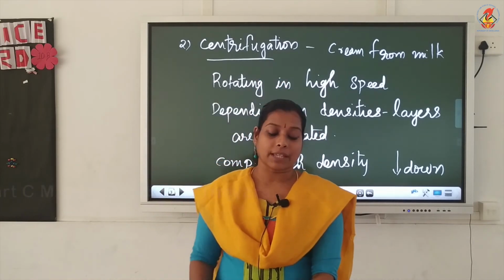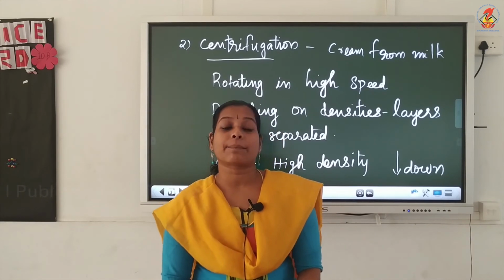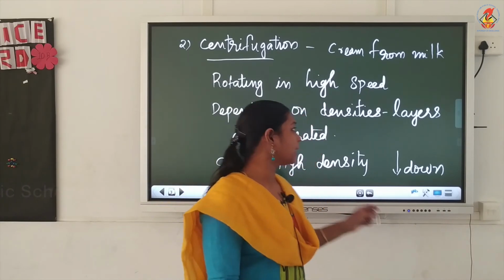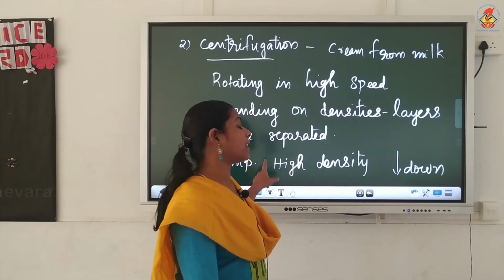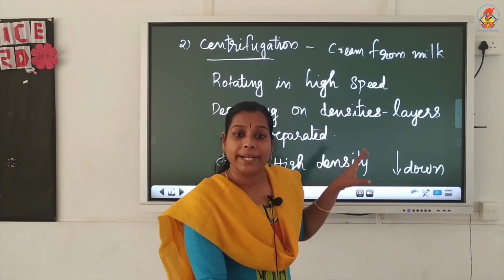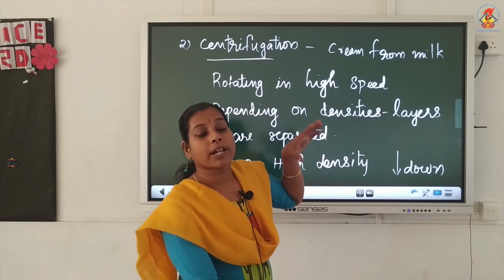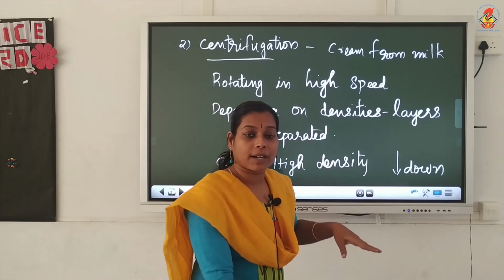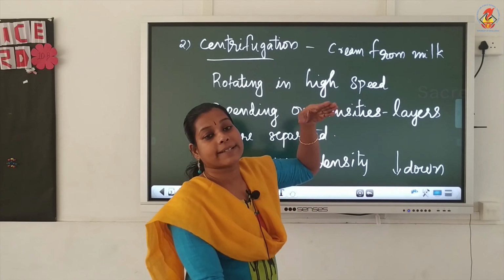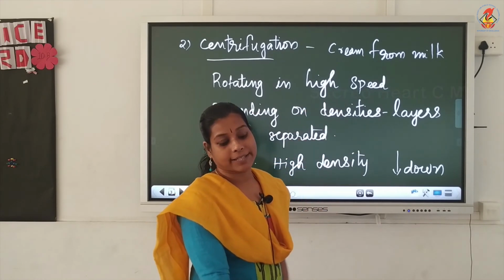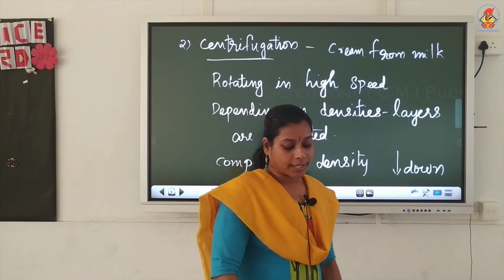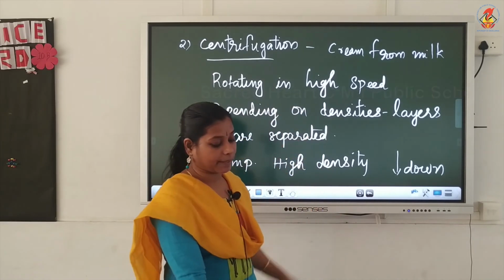So this is the method of separation, and the principle behind the method of centrifugation is that depending upon the densities we are separating the components. A component with higher density will be forced to the bottom and one with lower density will come to the top when it is rotated at very high speed. Okay, clear? That is the principle behind it.